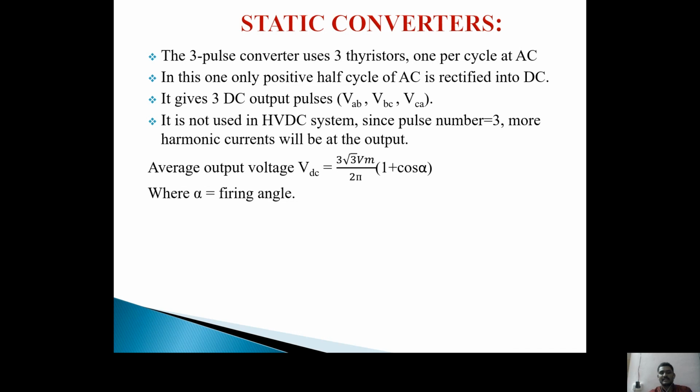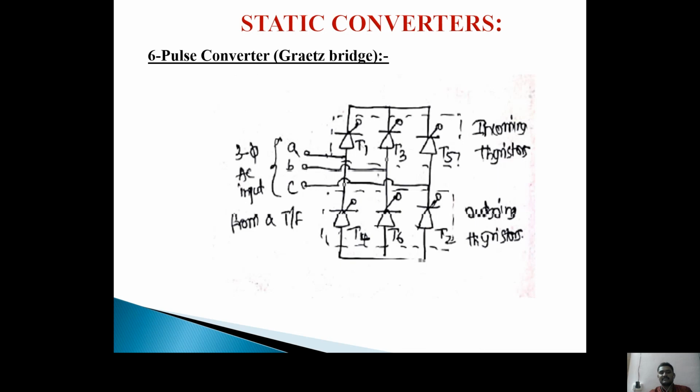Next we move to the 6 pulse converter, or Graetz bridge. This is the diagrammatic representation of the 6 pulse converter or Graetz bridge circuit. We take a three-phase AC input from a transformer, and this is given to the thyristor valves.